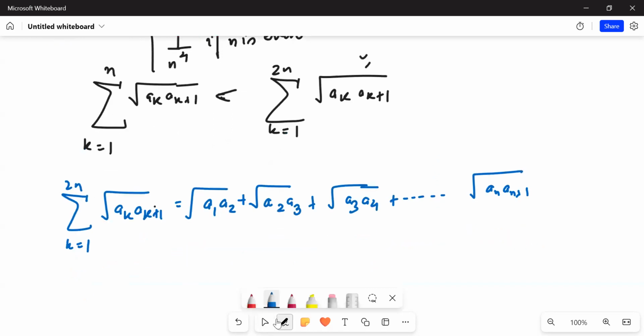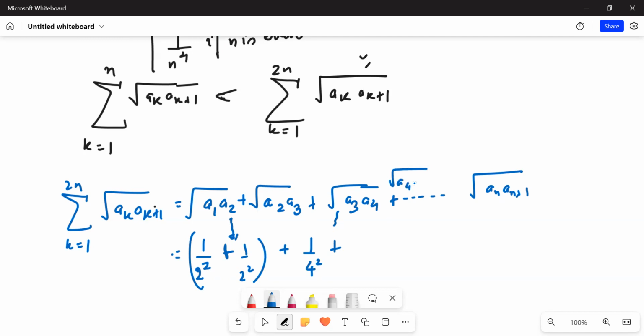So this is certainly equal to 1 upon 2 square, because this is 1 upon 2 to the power 4 by 2, plus again 1 upon 2 square. Now here it would be plus 1 upon 4 square, and again a4 a5 will be 1 upon 4 square plus 1 upon 4 square.